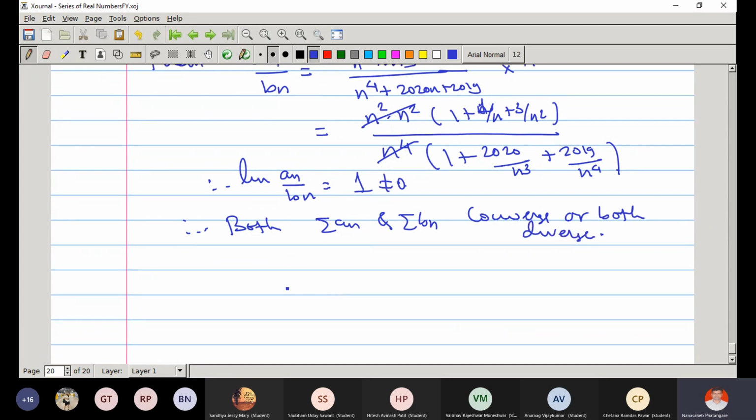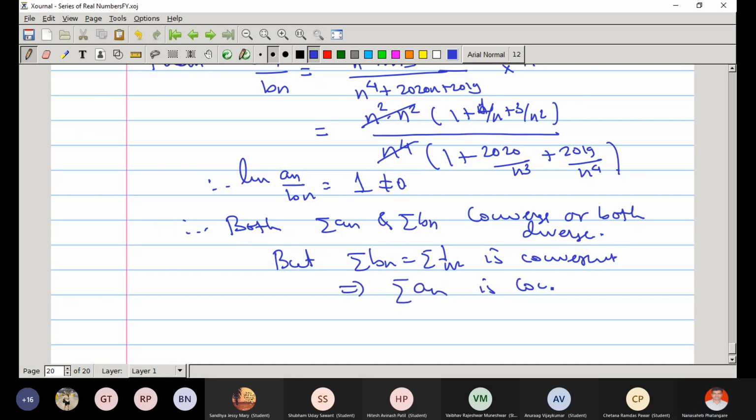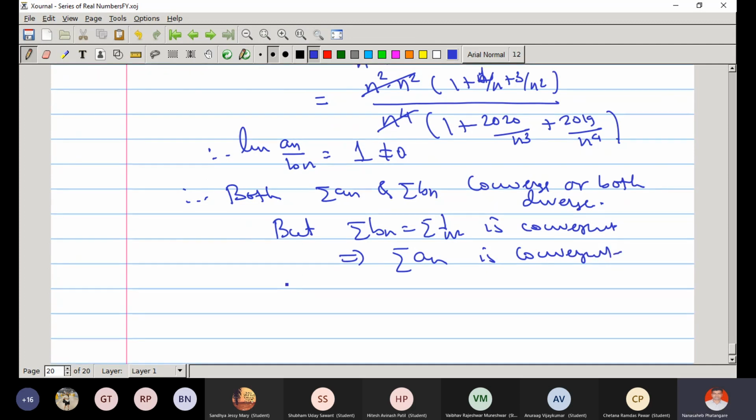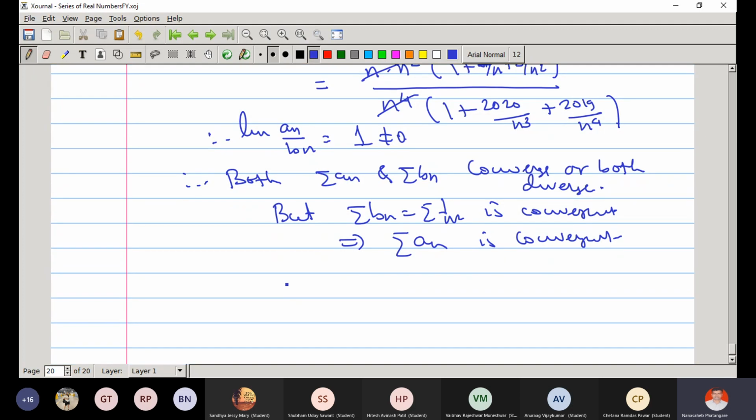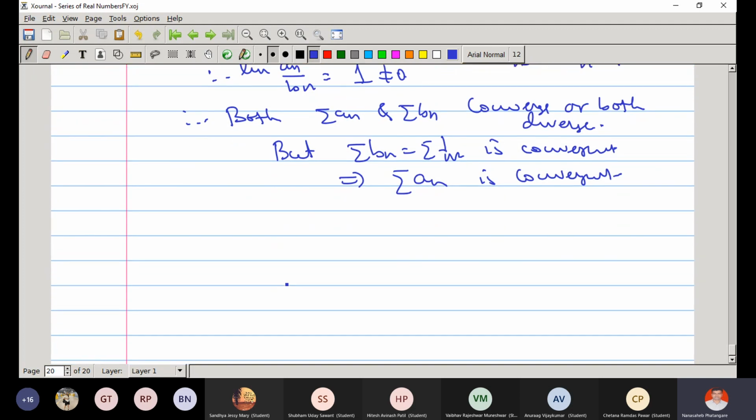But we know convergence of bn, and hence an is convergent. Right. So the same holds for both of the series, and once we know convergence of one of them, the same is true for the other.